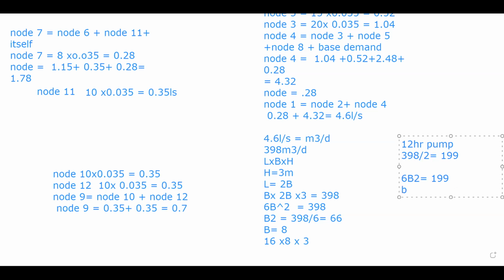So b squared is equal to 33. So if I do 33, I think 6. So b equal to 6 meter. Therefore, L is equal to 12.